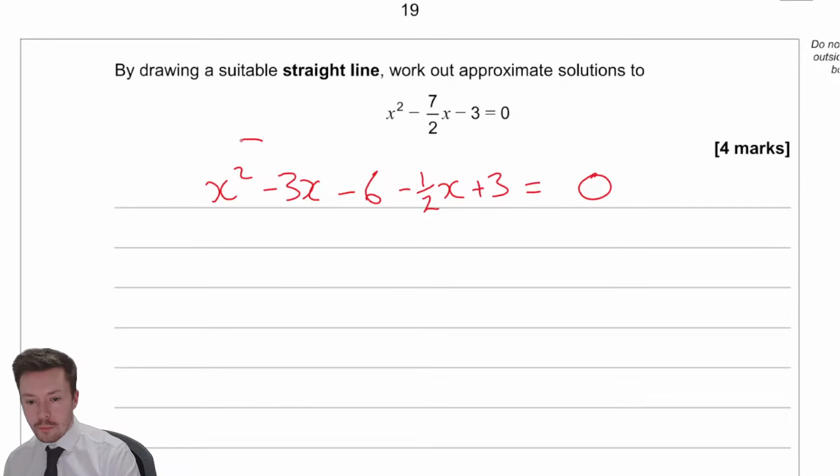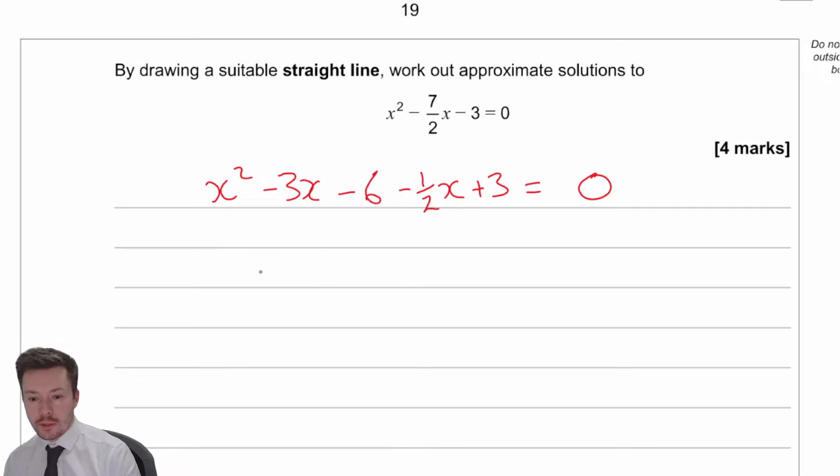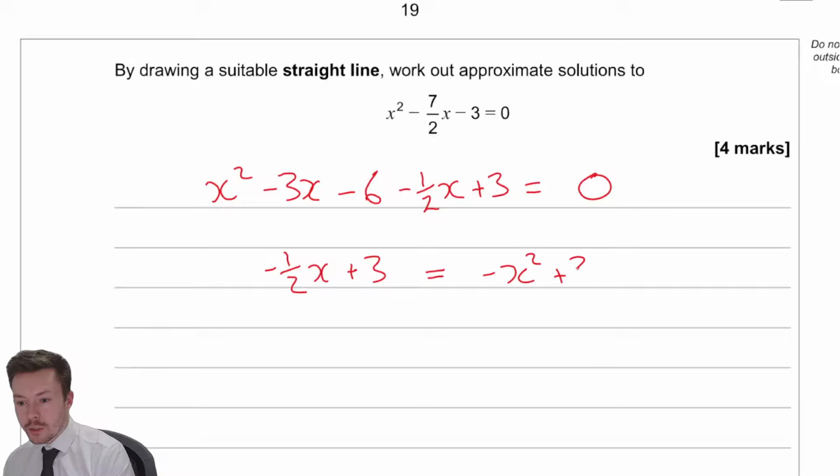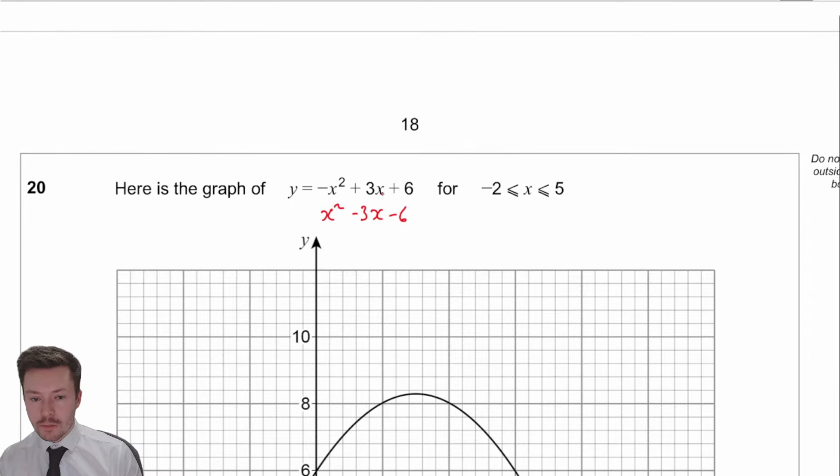Now, if I put all of this on the other side, I'm going to get this. Minus a half x plus 3 is equal to minus x squared plus 3x plus 6. Okay, which is what's already plotted. Okay, minus x squared plus 3x plus 6.